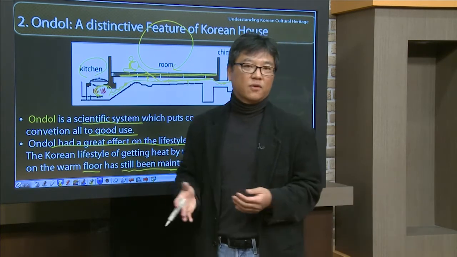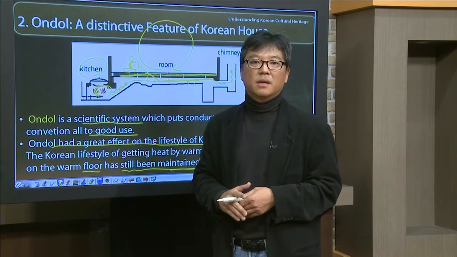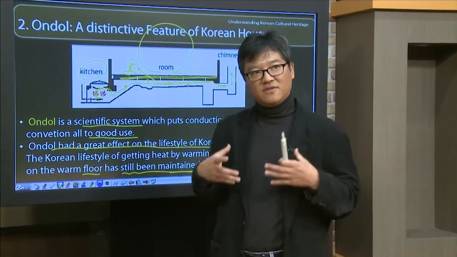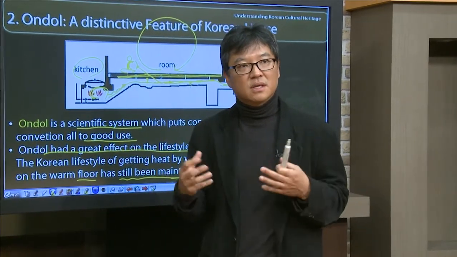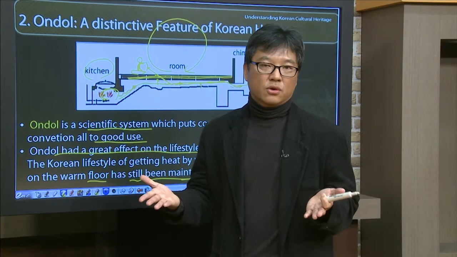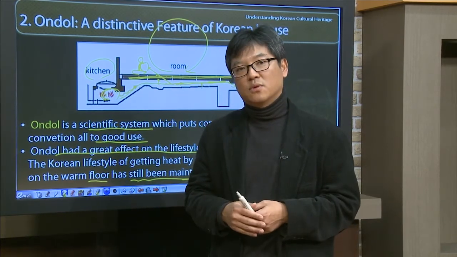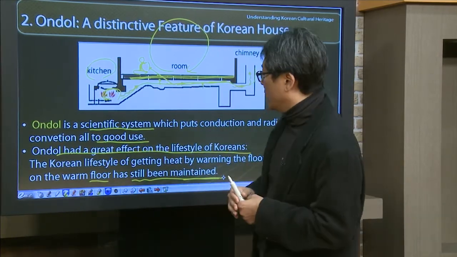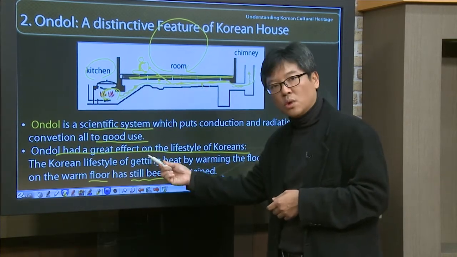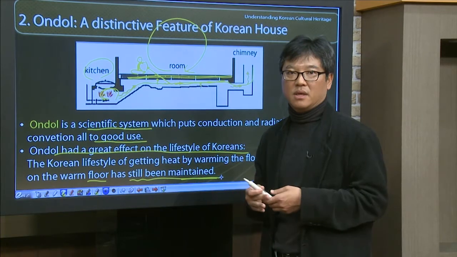Still maintained, what does that mean? We are losing Hanok, of course, because of rapid urbanization and industrialization, the efficient use of limited land and also construction efficiencies. Hanok is disappearing fast, of course. That's the reality. But some of these traditional ondol features still remain with us.